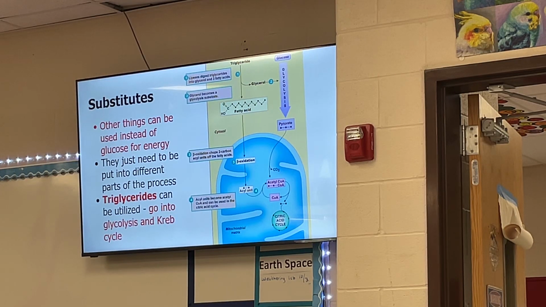Is it Krebs cycle or Krebs' cycle? Krebs. Why does that say Krebs? I don't know. Krebs was probably the guy that discovered it. So it's a possessive. He discovered it, so it belongs to him. Okay.